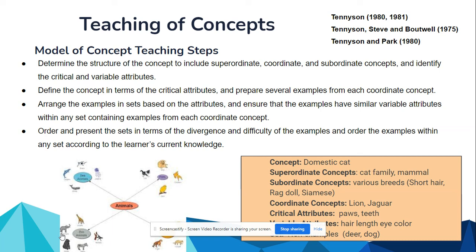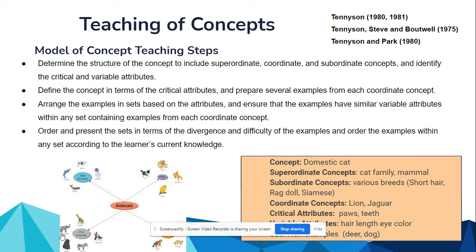This is kind of like a higher concept. Then subordinate concepts. There are various breeds of cats: the short hair cat, the ragdoll, the Siamese. Then you have coordinate concepts: the lion, the jaguar. All right, they're still in the cat family, they're still in mammals, but I wouldn't want a lion or jaguar as a pet.